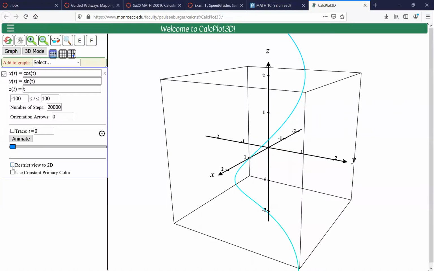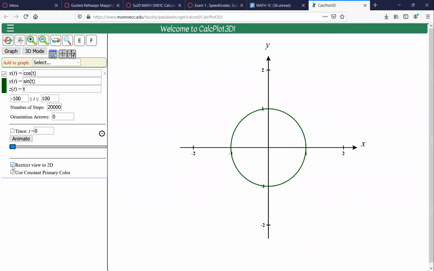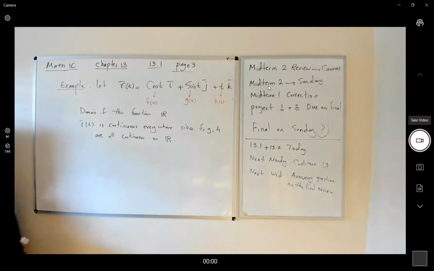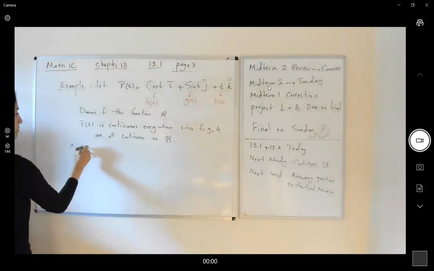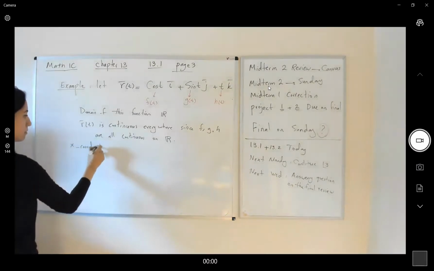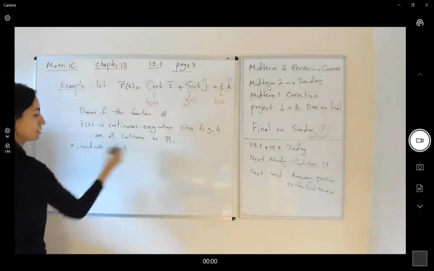Now, what if I restrict this to two-dimensional space? What do you see here? If we just restrict the graph to the x, y plane, what you see is just a circle. There you go. So my x coordinate is cosine t.